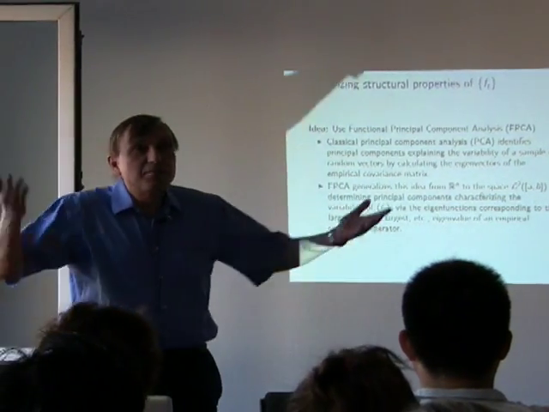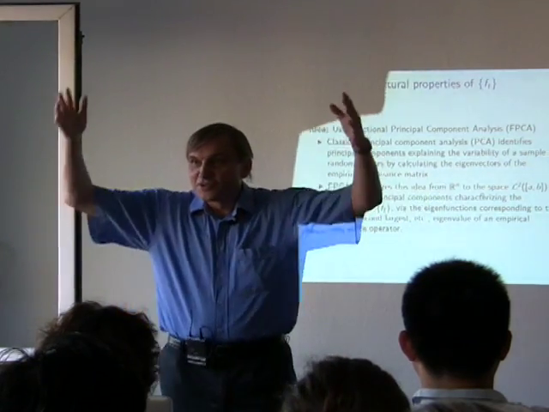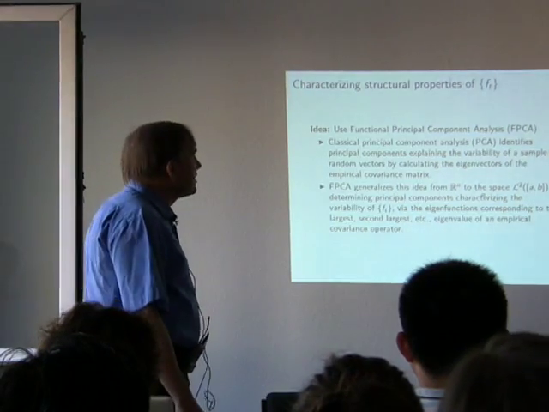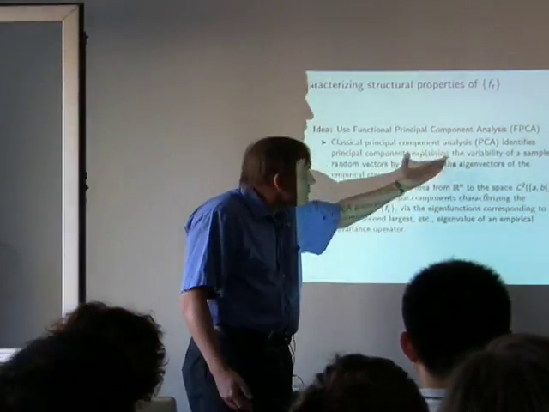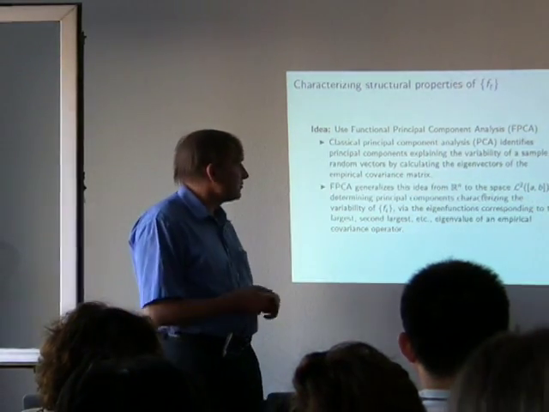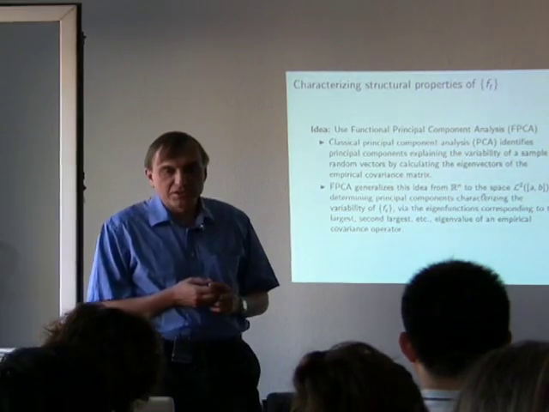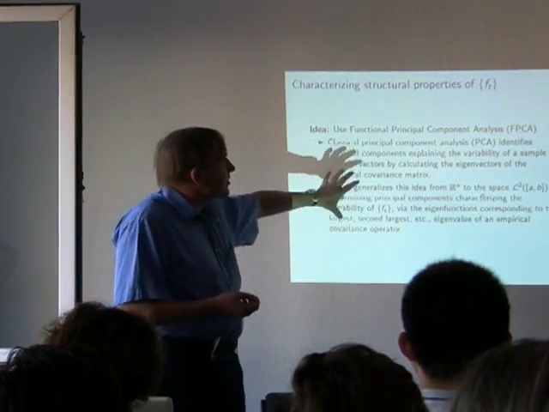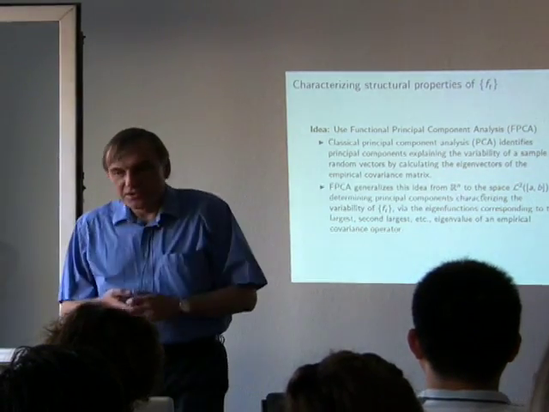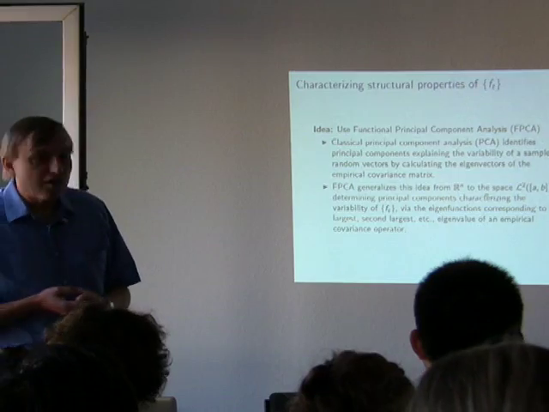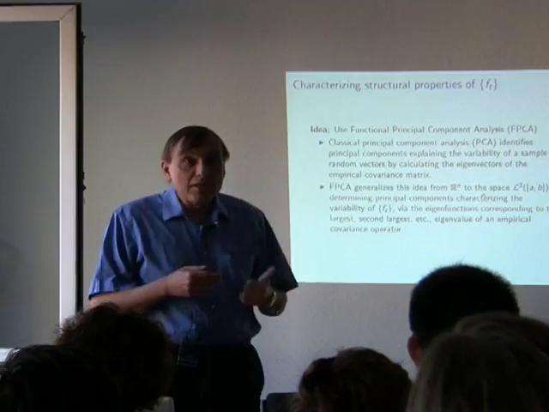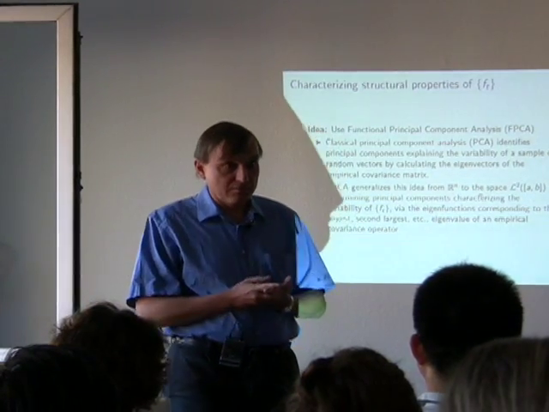The dimension gets infinite, and so a matrix becomes an operator in a way. It determines eigenfunctions, which are of course functions, no longer vectors, and the corresponding eigenvalues of the empirical covariance operator. This is something that is very often applied in functional data analysis. It's one of the basic tools, both from a practical application and from a theoretical side.